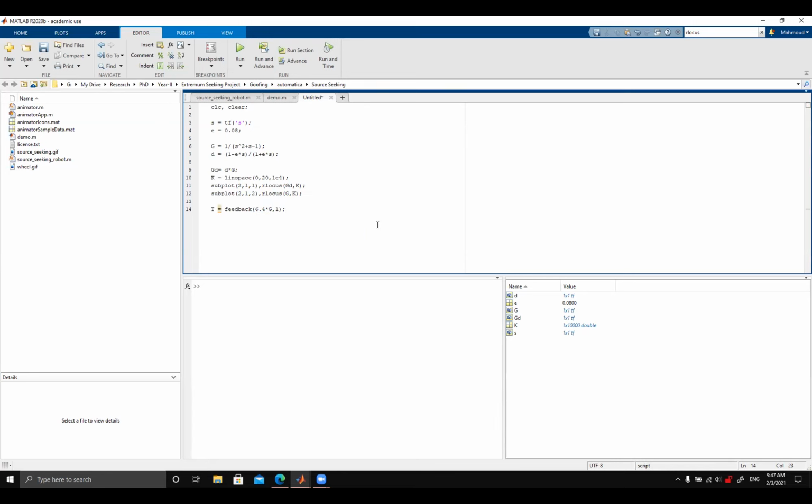Okay, then let's have a look at the step of that. Step 1 minus T, just to look at the steady state error. Okay. Let me comment this for a minute and run this.